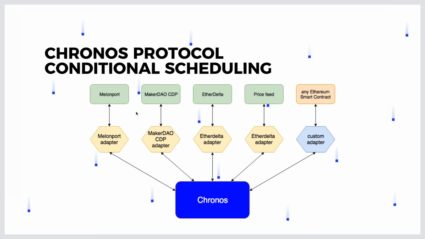But then there are a few places where you need to act in a timely or conditional manner. And what we see is that if you are going to use state channels with some sort of provider, you're not going to do all the stuff manually, right? And this is where Chronos comes in.